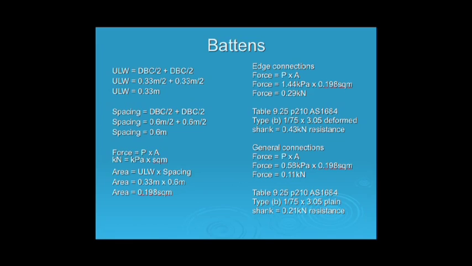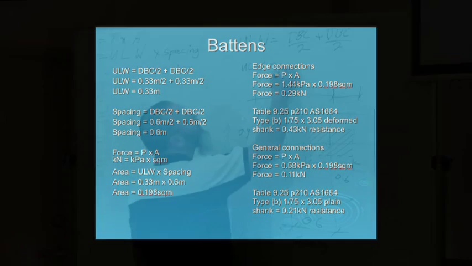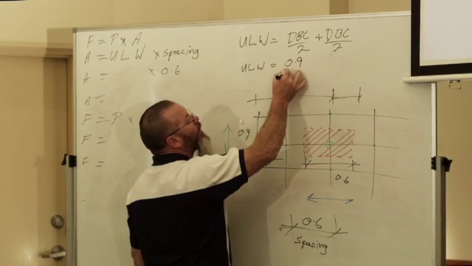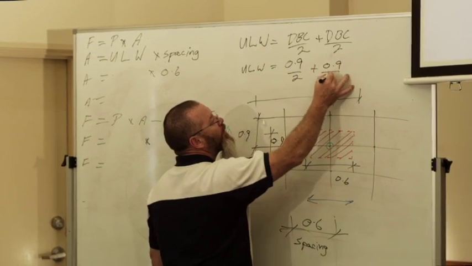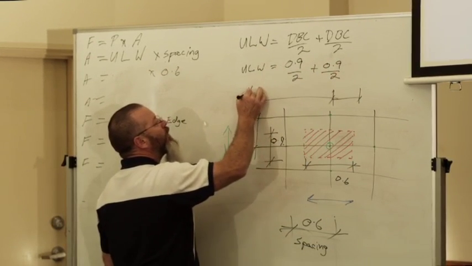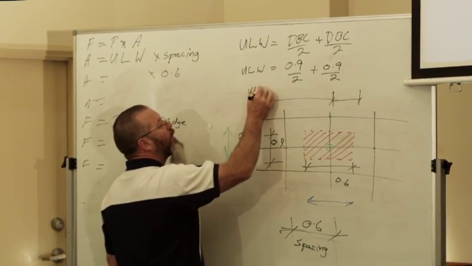So that's where it is up there. ULW in this case, because it's one of those all other connections, equals DBC divided by 2 plus DBC divided by 2. So in just doing the maths, it's 0.9 divided by 2 plus 0.9 divided by 2. So half of 0.9 plus half of 0.9 equals 0.9.